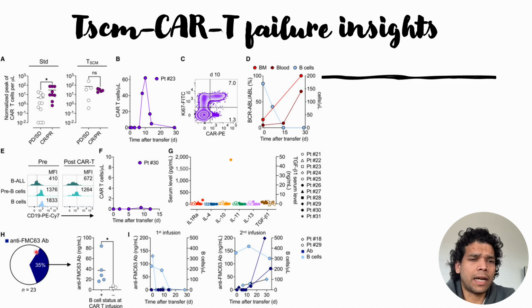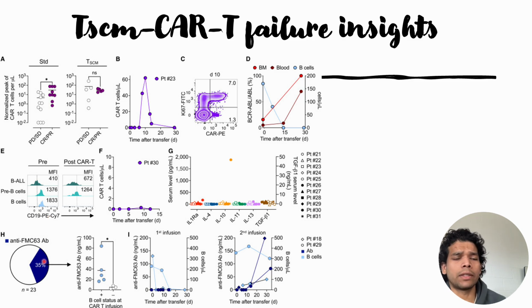Since the CAR-T cells are made from a mouse construct, the patients might form antibodies, anti-FMC63, which is basically anti-CAR antibodies in this case. They checked these anti-FMC63 antibodies in the serum of the patients, and found that around 35% of the patients show anti-FMC63 antibody formation, or humoral response.